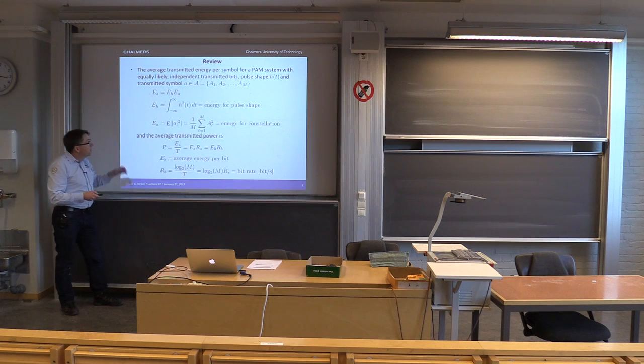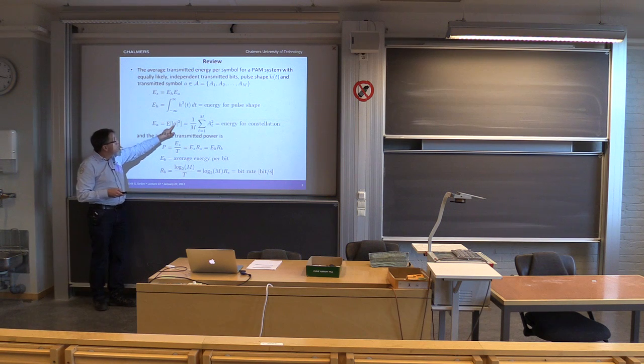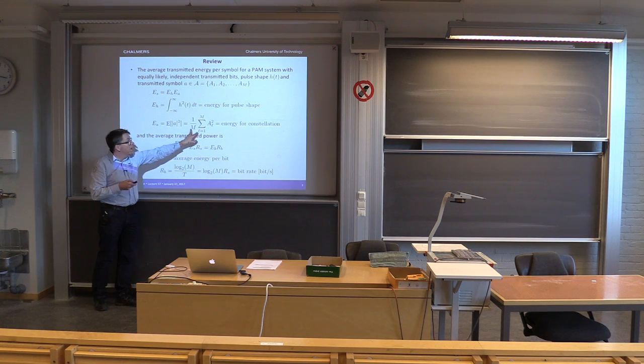Okay, and when all these amplitudes are equally likely to be transmitted, and that is the case when the bits that they correspond to are also equally likely, zeros and ones, this is the standard assumption. If that assumption is valid, then this one evaluates to this one. If it's not valid, then the expectation will become something else.